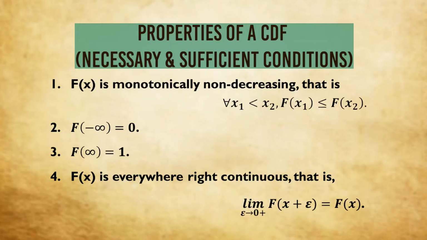On the other hand, the conditions are sufficient. What do we mean by this sufficiency? If a function F satisfies these 4 conditions, we can say that the function is a cumulative distribution function. So in this sense, these conditions are necessary as well as sufficient.